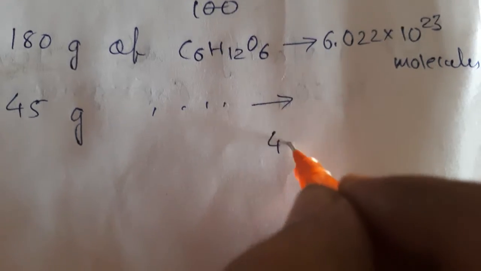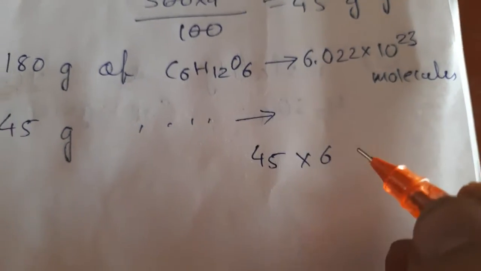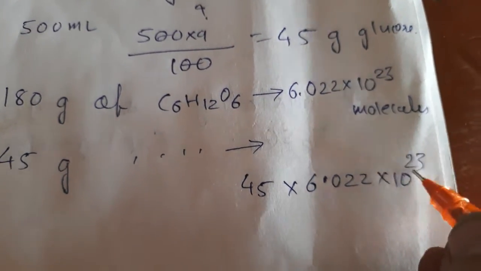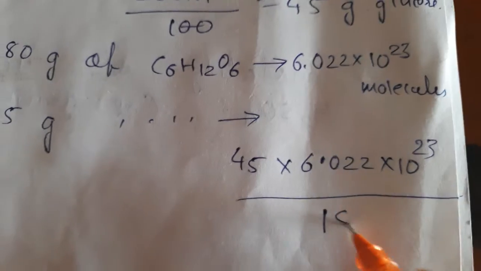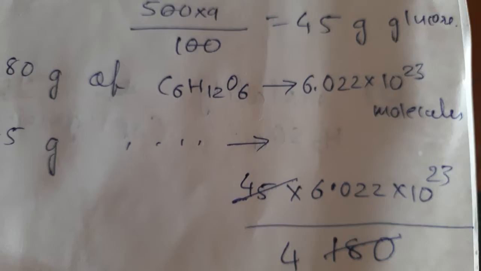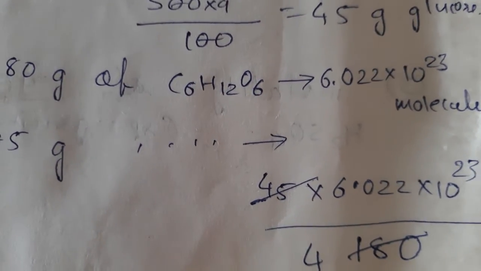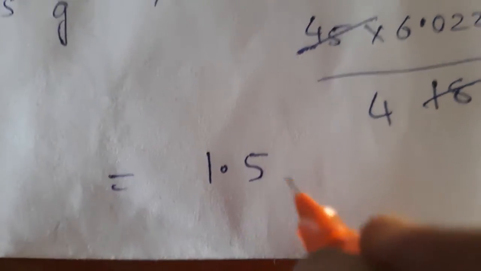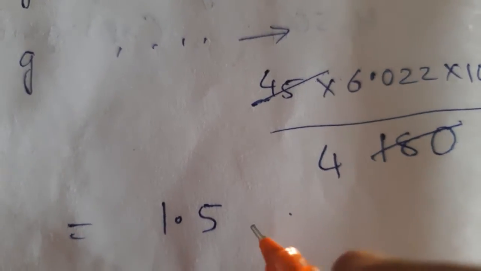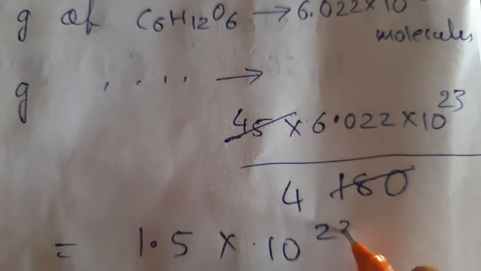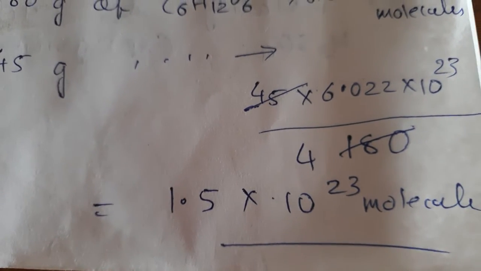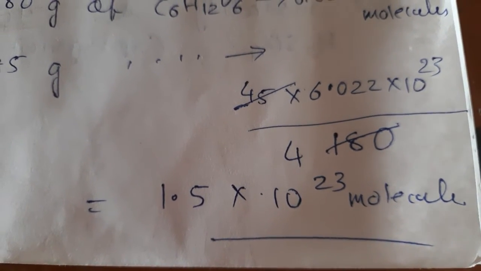We will write here 45 into 6.022 into 10 raised to power 23 divided by 180. So 45 fours are 180. Okay. So when you divide, it will become 1.5 into 10 raised to power 23 molecules. So the answer will be: he has consumed 1.5 into 10 raised to power 23 molecules.